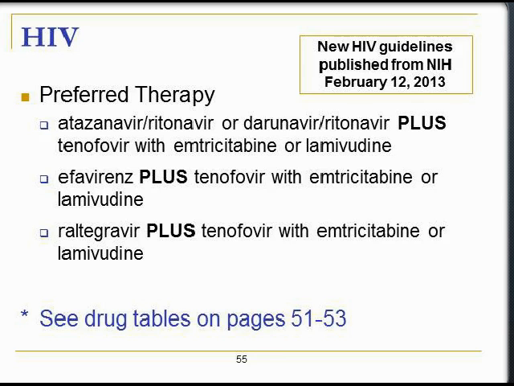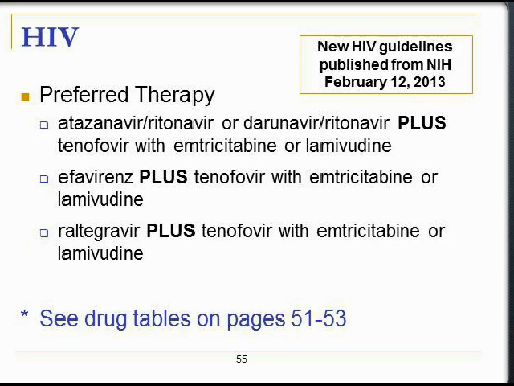So instead of the protease inhibitor, a non-nuc, plus, again, tenofovir with either emtricitabine or lamivudine. Most people use tenofovir with emtricitabine. Or you can use an integrase inhibitor, and the first integrase inhibitor, raltegravir, is the only one that's preferred therapy at this point, again, plus tenofovir with either emtricitabine or lamivudine.